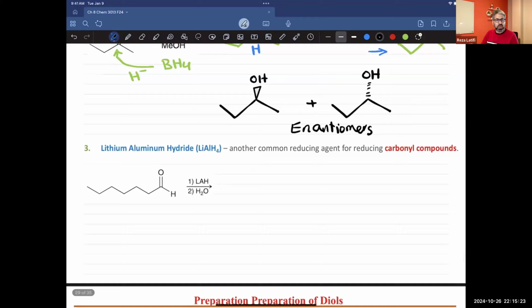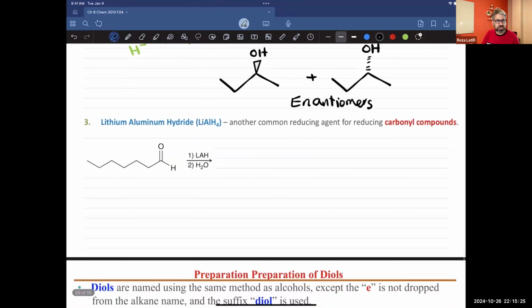Okay, now there is another reagent, and that's going to be lithium aluminum hydride. It will do exactly the same job as sodium borohydride, and wherever you have carbonyl group, it will saturate it and turn it to alcohol.